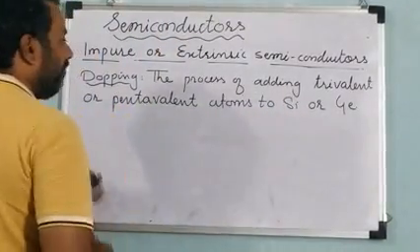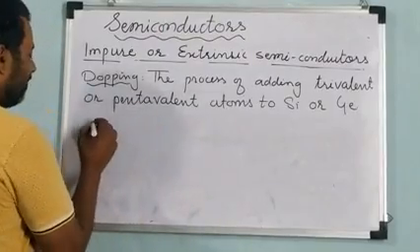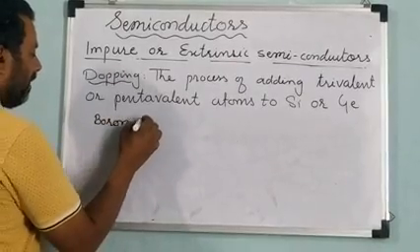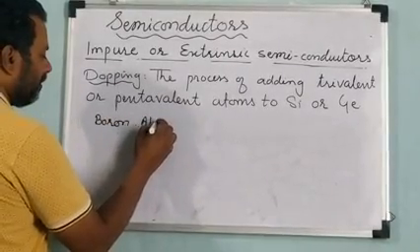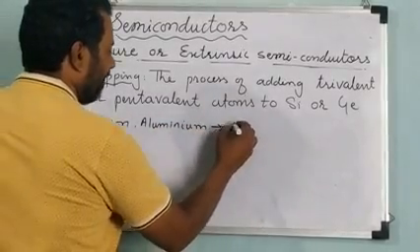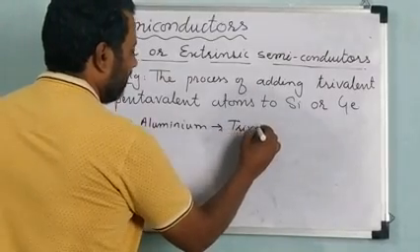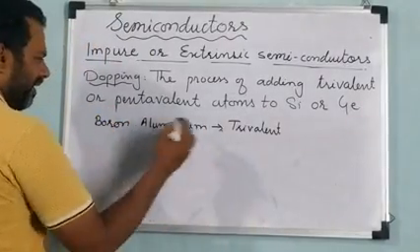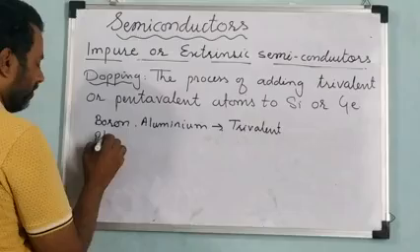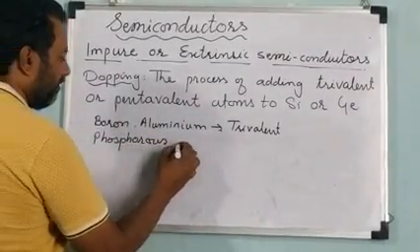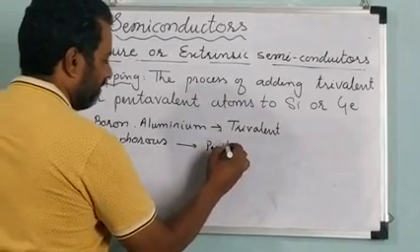For example, we can add atoms like boron or aluminium, which are trivalent, or we can add phosphorus, which is pentavalent.